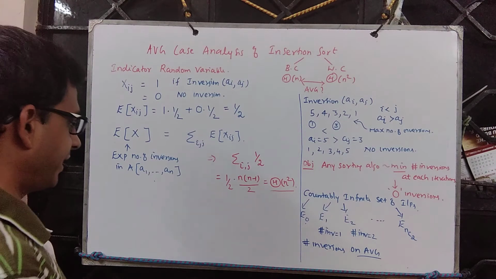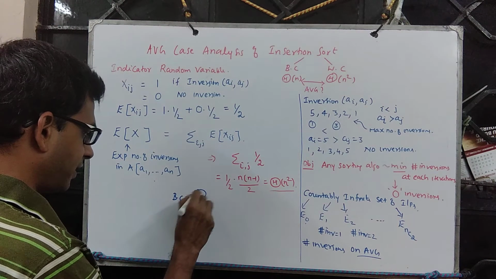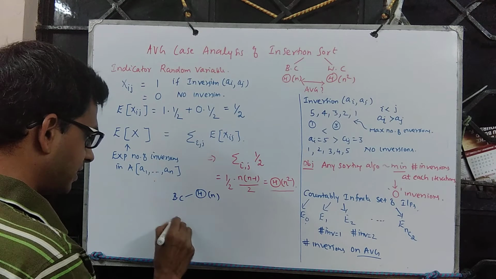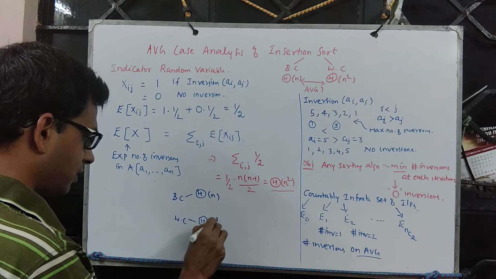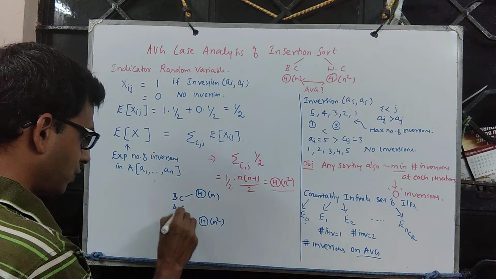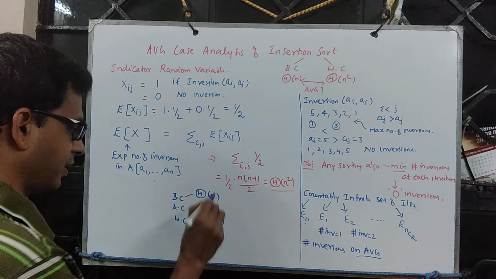On one side, the best case says theta of n, and the worst case says theta of n square. So the average cost is close to the worst case. It is also theta of n square.